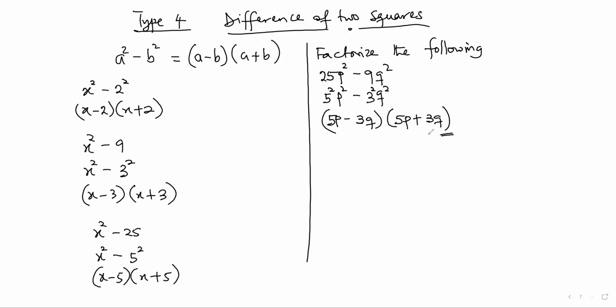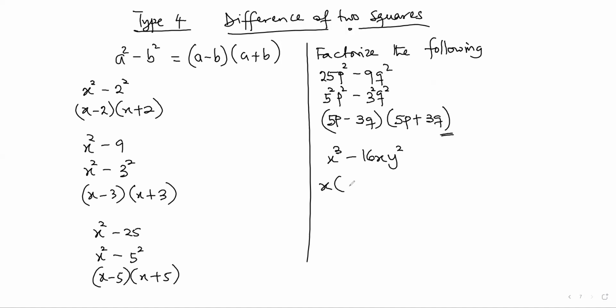Okay. So if you have to factorize x cubed minus 16xy squared, first of all, there's nothing you can do quickly here, so you need to factor out first. So x is common to both.